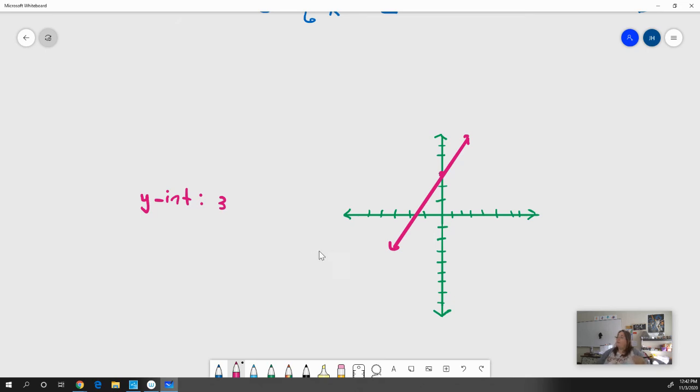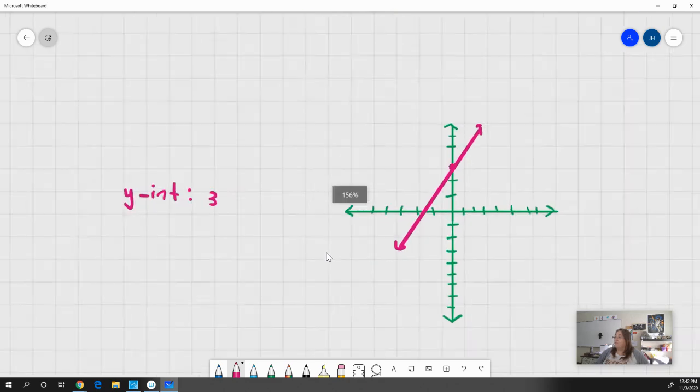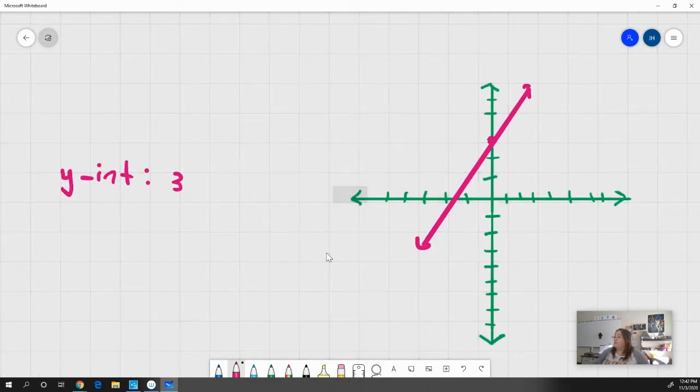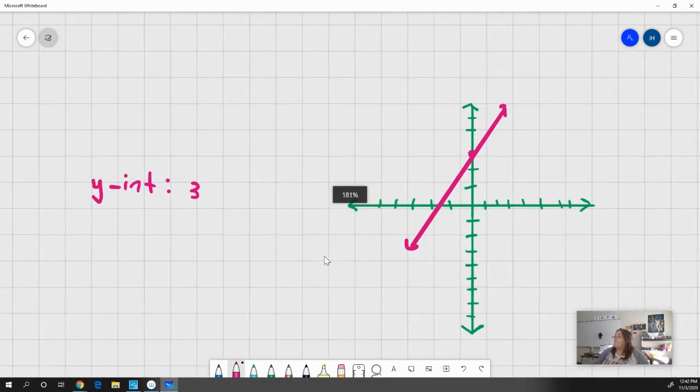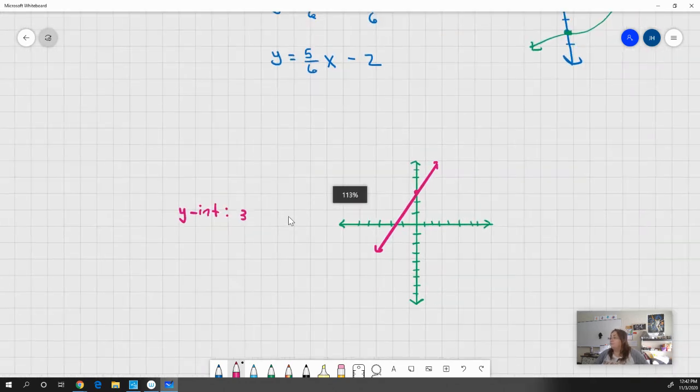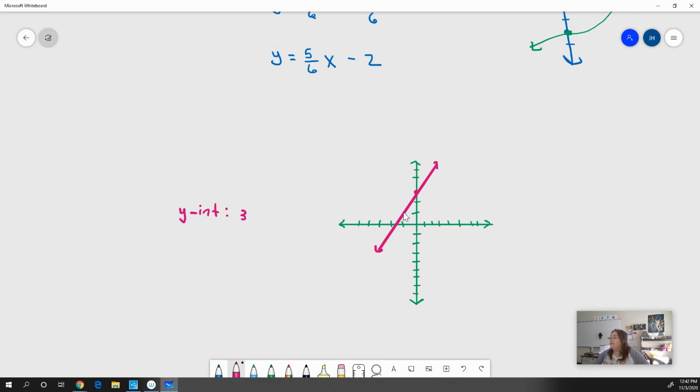If I want to find out what the slope is, I can find any other definitive point on the graph. It could be where it crosses the x, or if I was on graph paper, I could find a point on a corner. But I'm going to look at this one and say this here is a point at 1, 1.